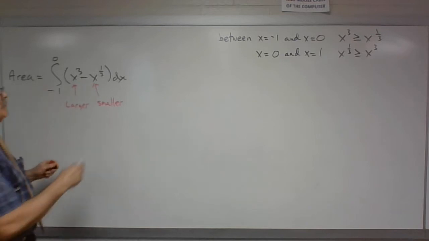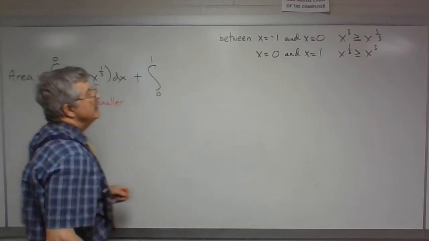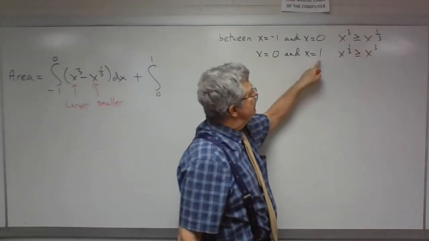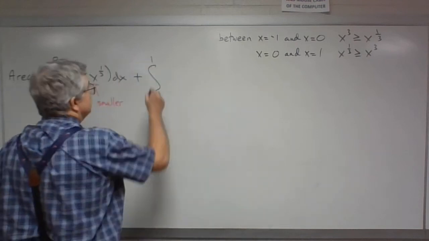And then at 0, the graphs flip-flop. And from x equals 0 to x equals 1, x to the 1/3 is the larger function.